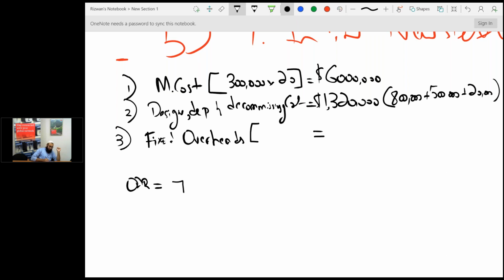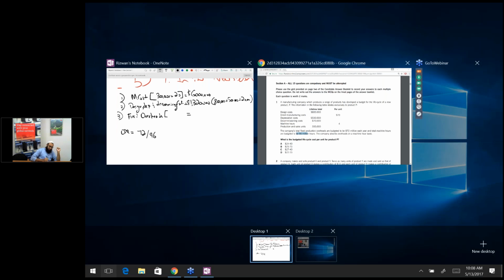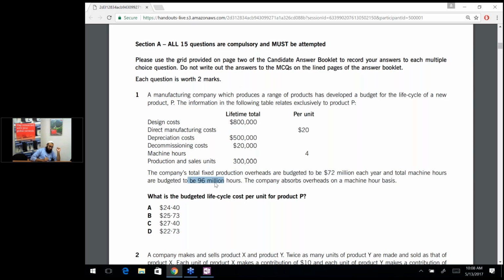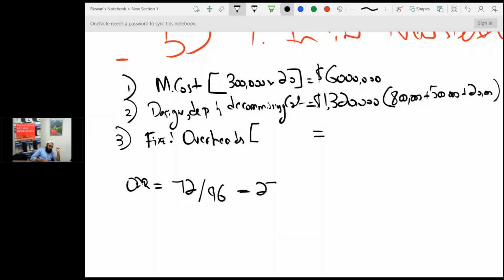It's a simple formula: budgeted overheads divided by budgeted labor hours, machine hours, sorry. So if you look here, you have a budget overhead of 72 million and the machine hours are 96 million. So this will give you an OAR of 0.75 per hour.